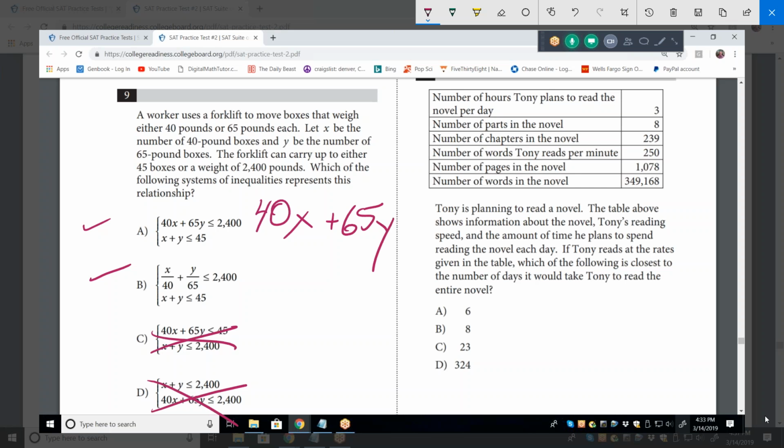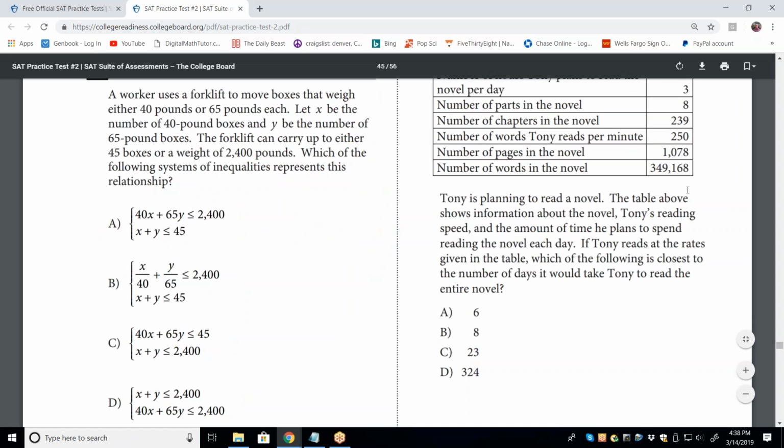In other words, this is the weight of the 40-pound boxes. This is the total weight of the 65-pound boxes. And the forklift can only carry up to 2,400 pounds. So that has to be less than or equal to 2,400, which is this equation. So A is the answer. Got it. All right, let's look at 10.